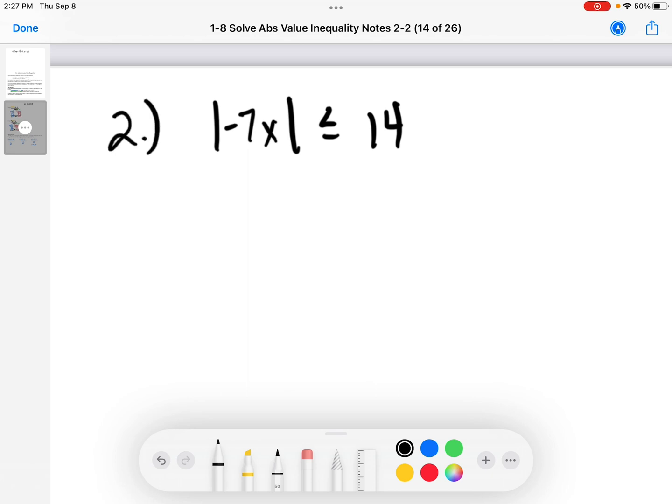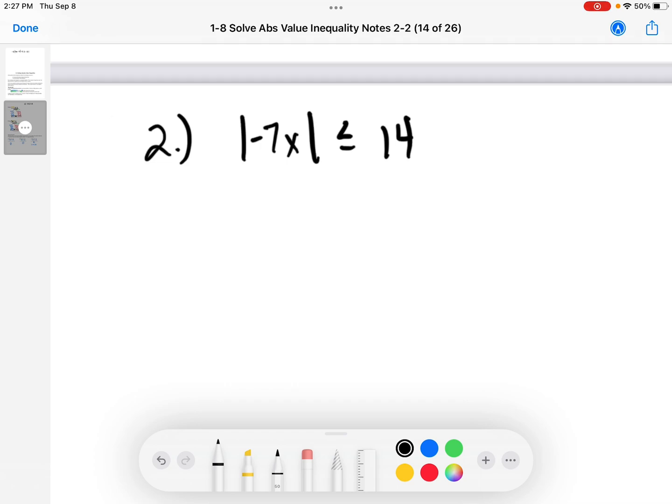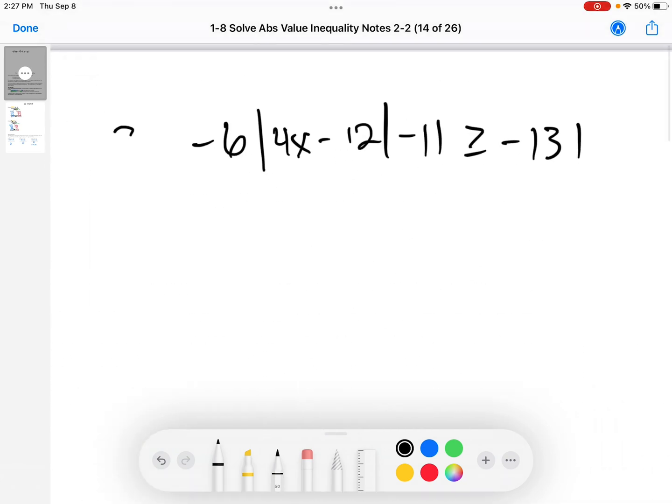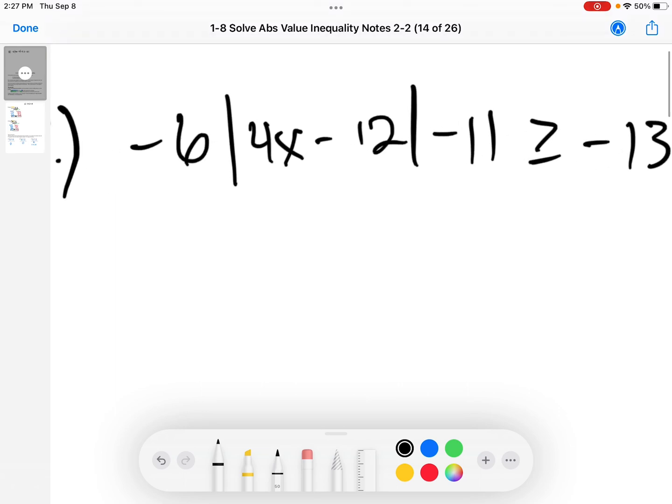Be careful of what happens to a greater than or less than sign when you divide by a negative number. You have to flip that sign when you divide by a negative number. Same thing when you get to number 8. This is problem number 8 from your homework. Make sure when you divide this part and get it by itself, you are flipping this sign around when you divide the negative 6 away.